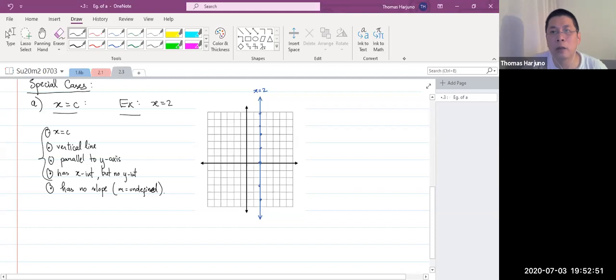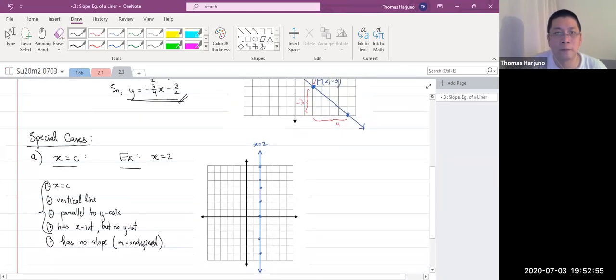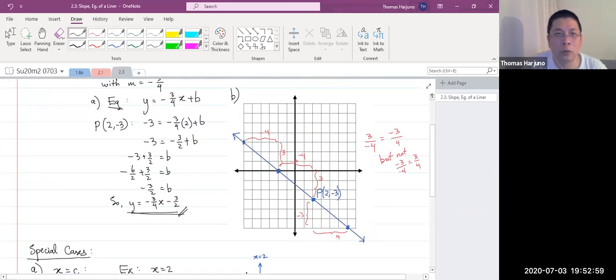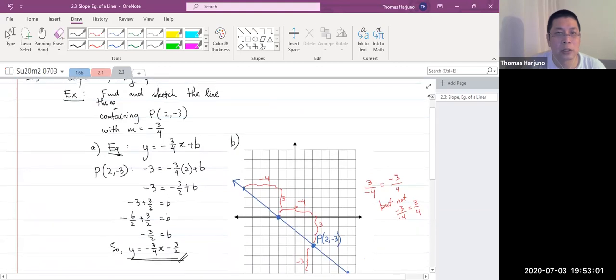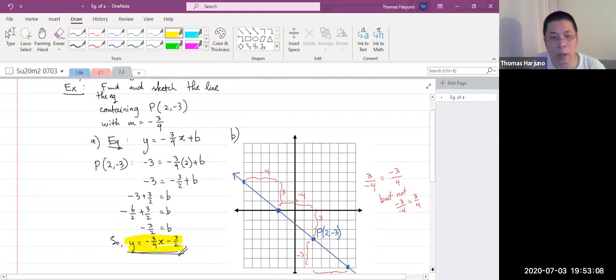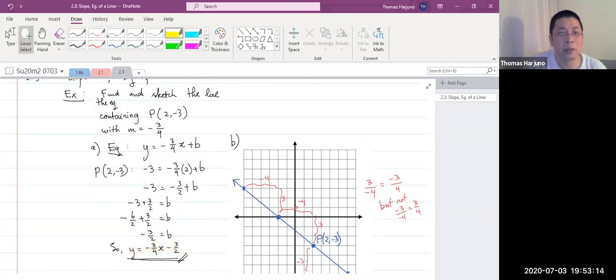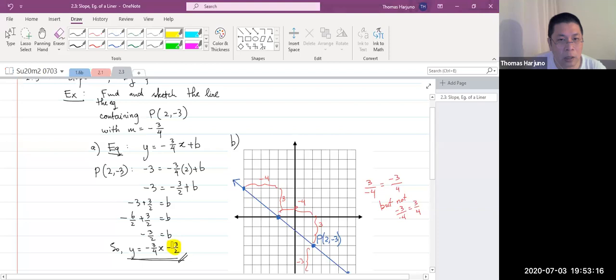Okay, the slope is undefined. Let me go back a little bit there, earlier question. Now remember we said that this form here is called a slope-intercept form, okay? Because the constant, the b, this part here tells us the y-intercept.